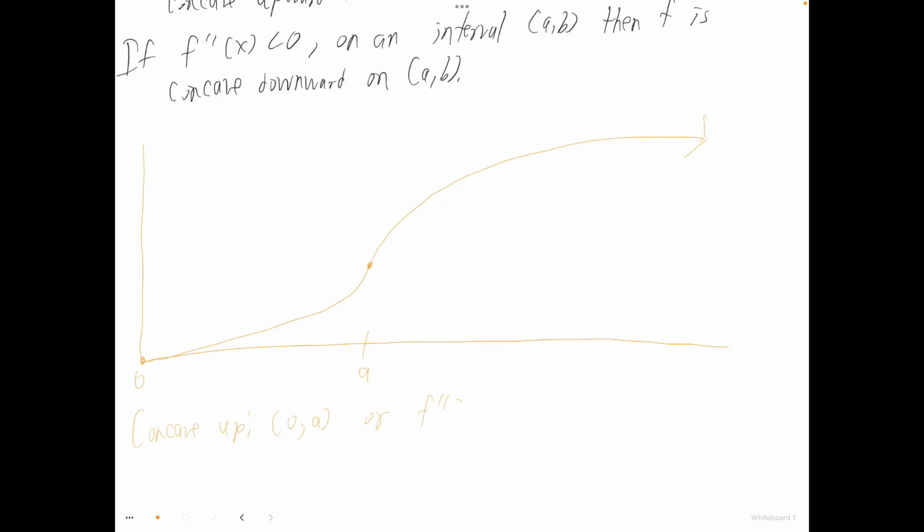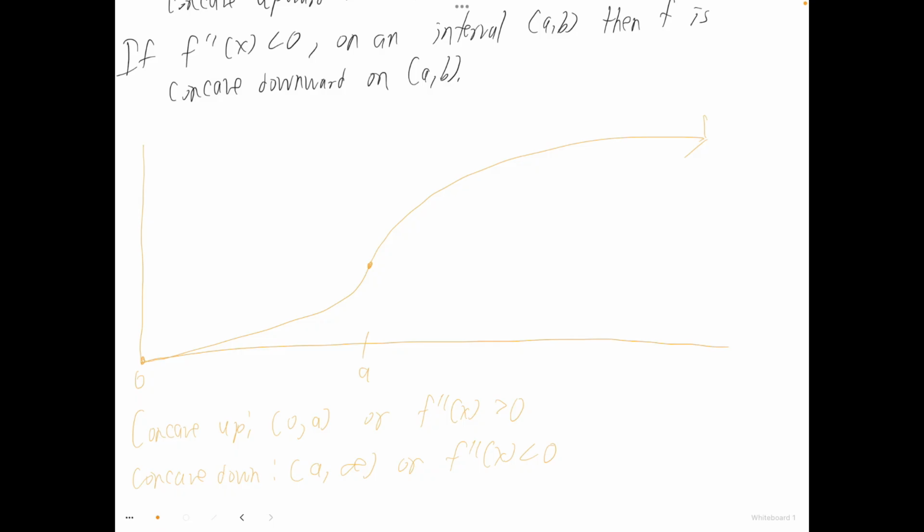That tells us the second derivative must be greater than 0 on 0 to a, and we're concave down on a to infinity. Or in other words, the second derivative is less than 0 on a to infinity.